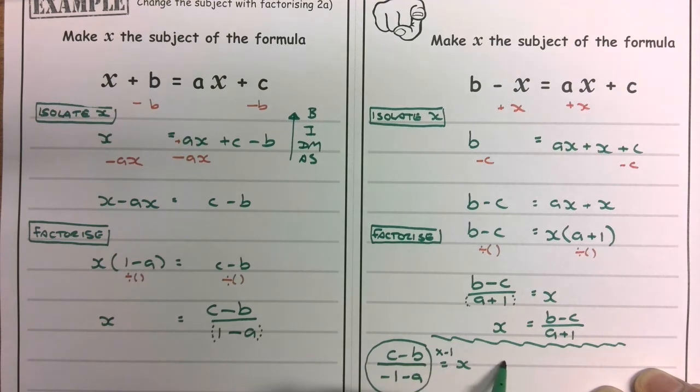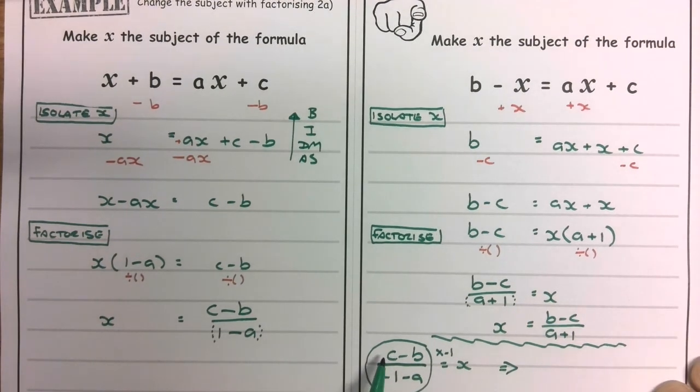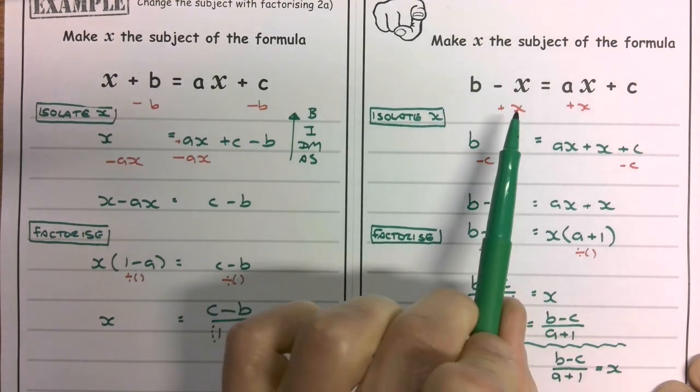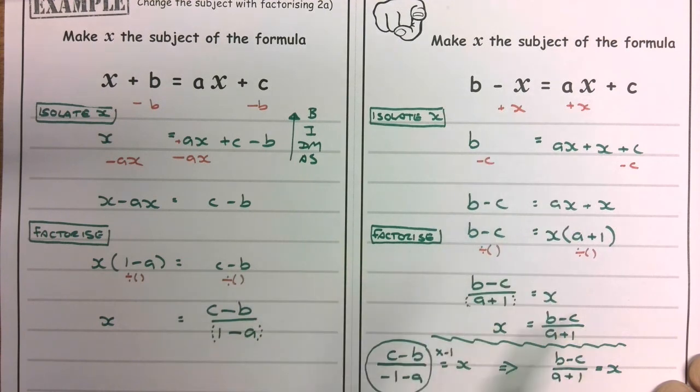So negative c times 1 is a positive b, so I'm going to end up with positive b, take away c, and then at the bottom part of the fraction, minus a times minus 1 is a, and minus 1 times minus 1 is positive 1. And we end up with the thing that we want to have. But like I say, if you think it properly through at the start and you move the smallest x first, then you don't have to faff around with that extra step at the end.